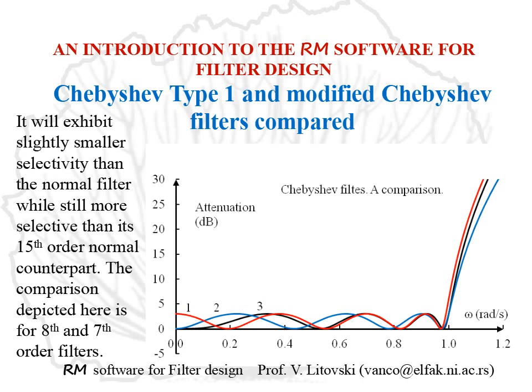The comparison depicted here is for 8th and 7th order filters, which means number 1 is the 8th order Chebyshev type 1 filter, number 3 is the 8th order modified Chebyshev type 1 filter, and number 2 is the 7th order Chebyshev type 1 filter.